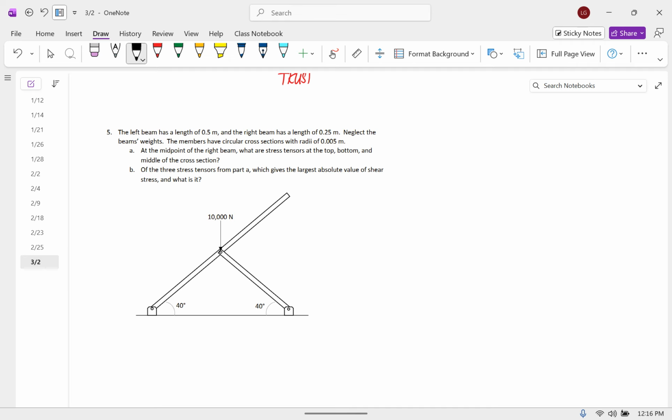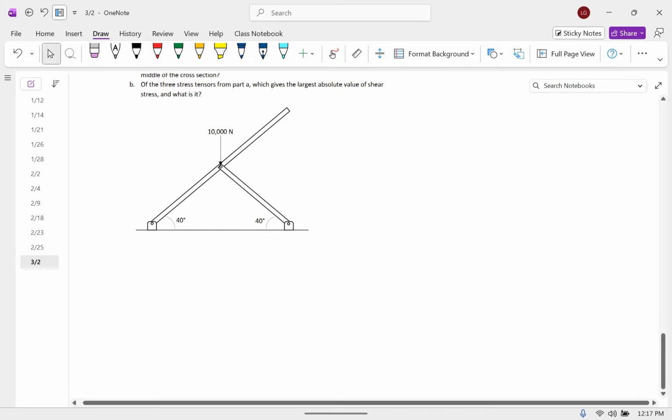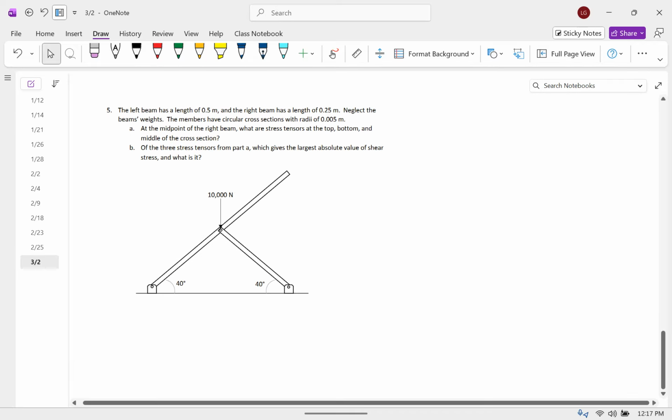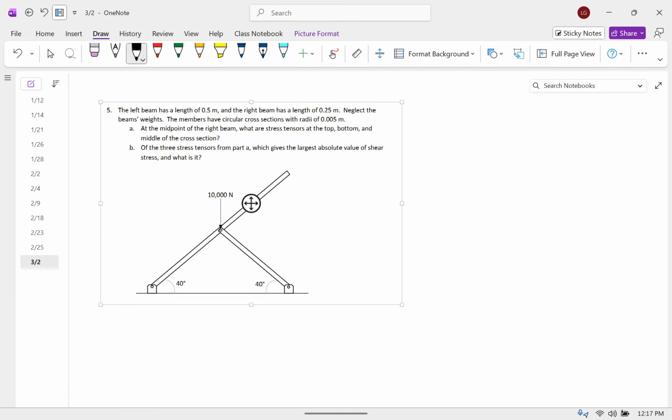Oh, we can't do this yet. I don't know how this got into this set of problems, but we can't do this one yet. All we can do here is, yeah, we can do that. Okay, we can do this.